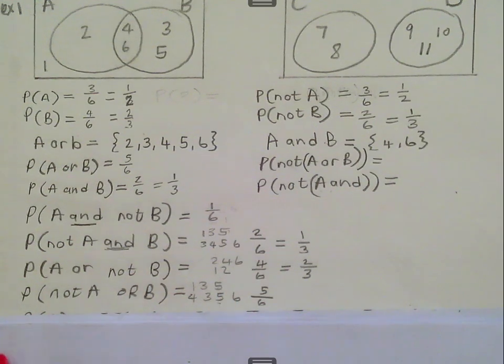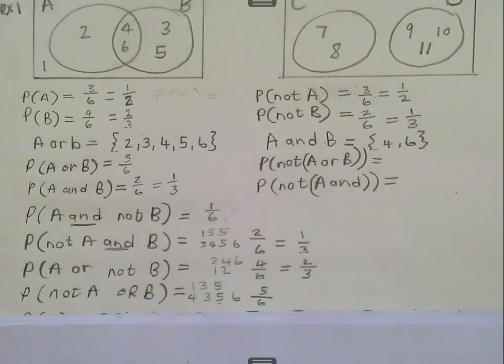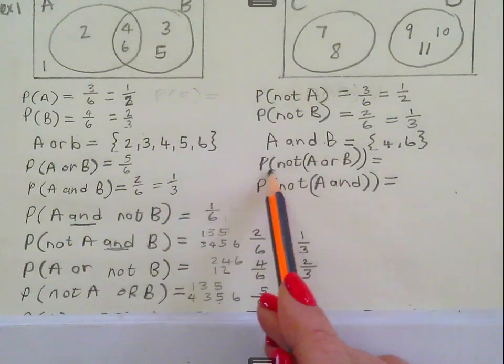Right, question two. I want the probability. You must now know what A or B is, and you know where A and B are. What is the probability of choosing someone that is not A or B? Look at the way it's written.